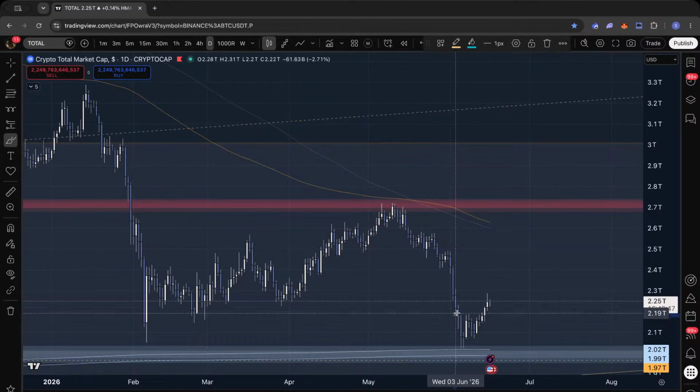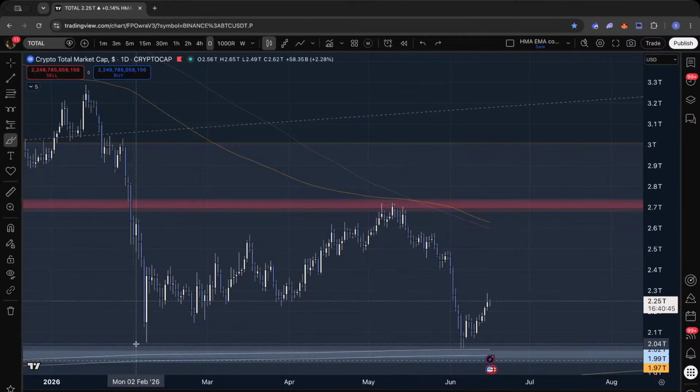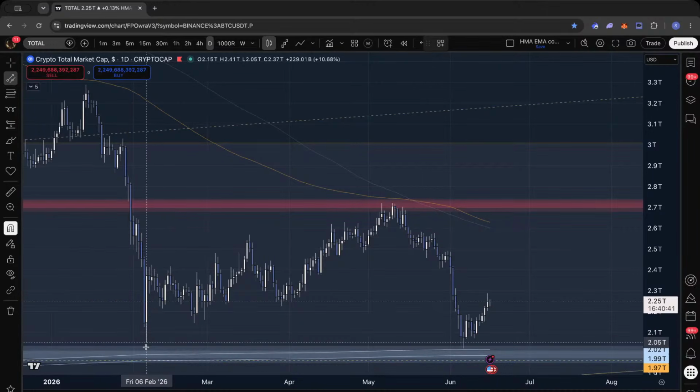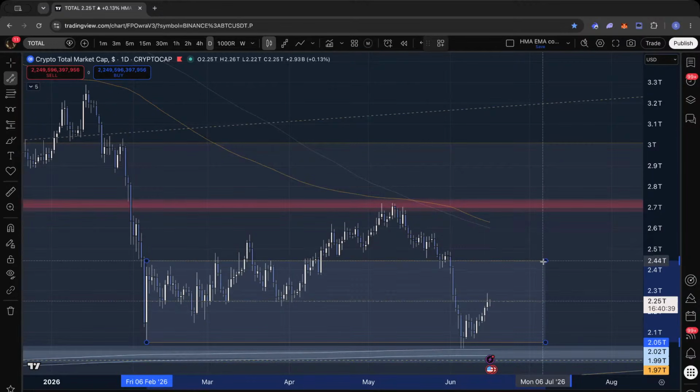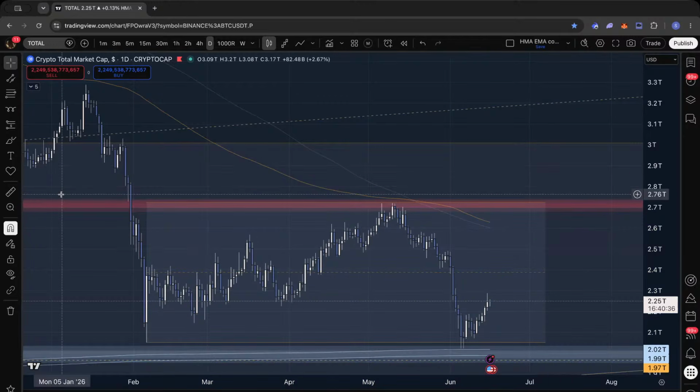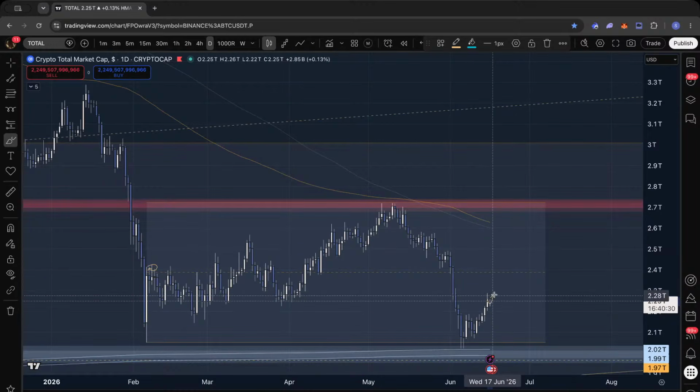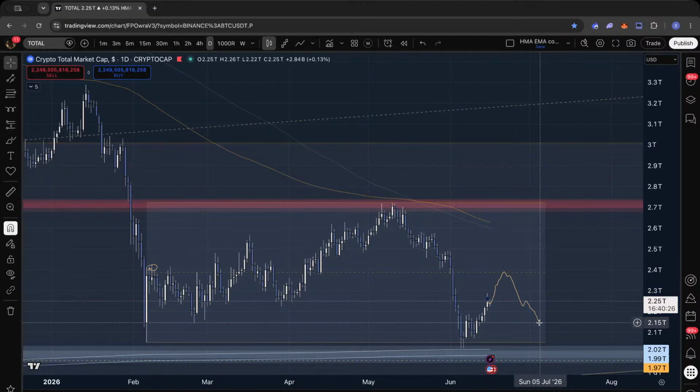We indeed have a W, and that confirms that we are back inside the range. As long as we are back inside the range, we should trade it accordingly. This will be resistance definitely, the mids of the range here, 2.4. So there is a good probability that if we tap that area, most likely we'll reject it.